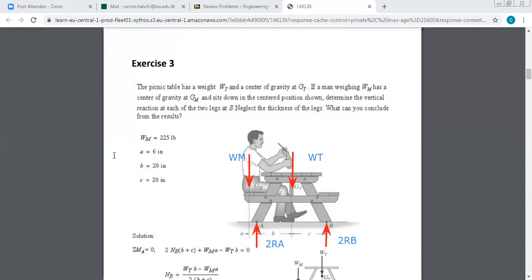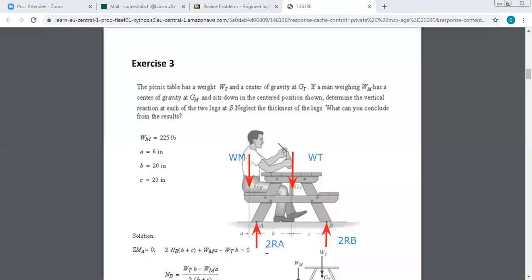If you want to write one equation that will directly give you RB, what equation should you use? Look, how should you think? We know the weight of the man, and we want to express the reaction as a function of the weight of the table.